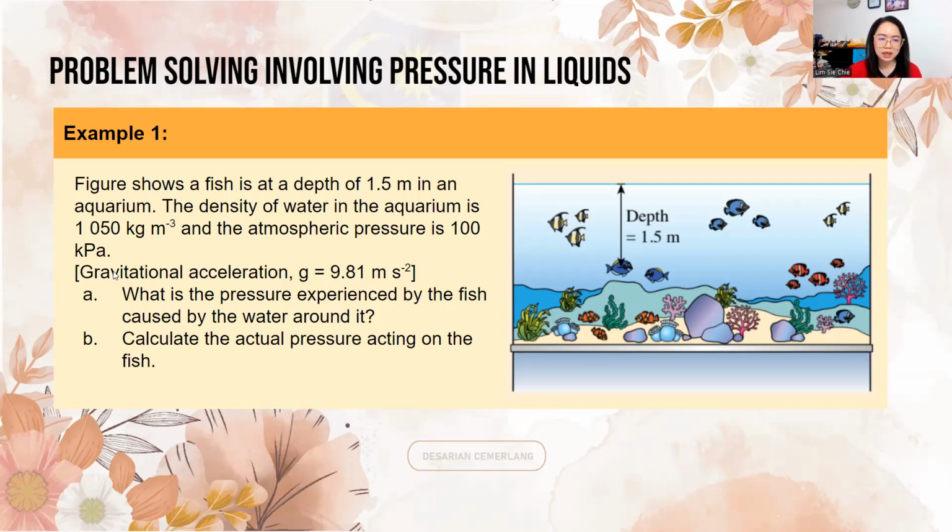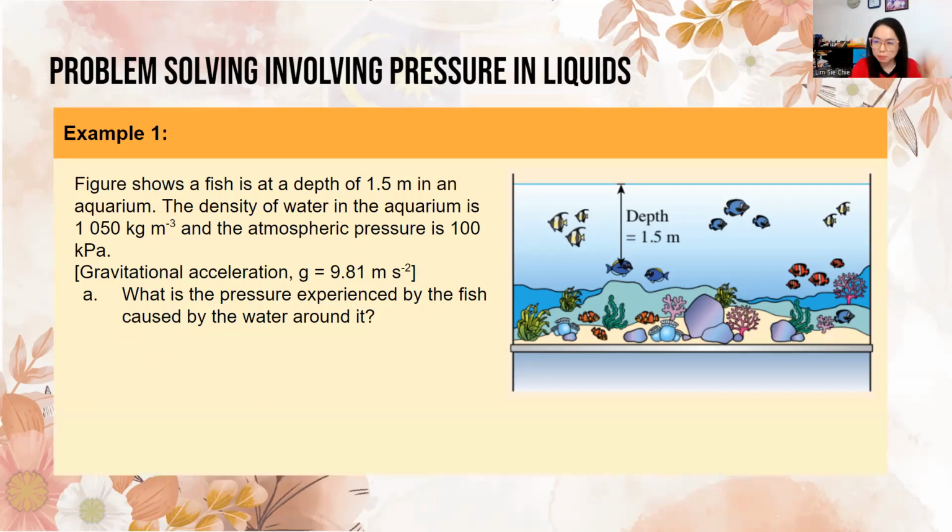Then the gravitational acceleration G is equal to 9.81 meter per second squared. What is the pressure experienced by the fish caused by the water around it? You see the question actually asks what is the pressure being experienced by the fish caused by the water only. Next one, calculate the actual pressure acting on the fish. So you have to differentiate what you need to do here.